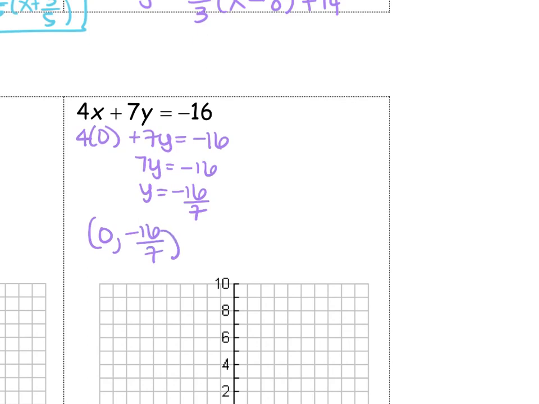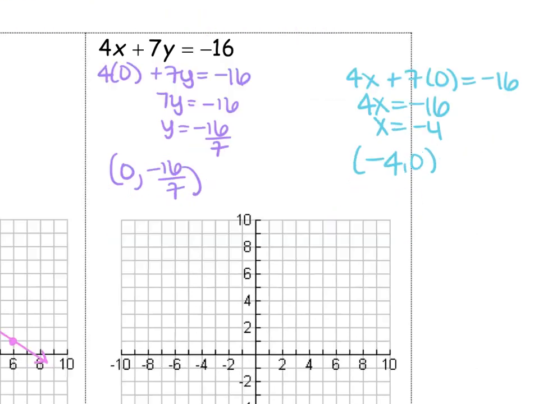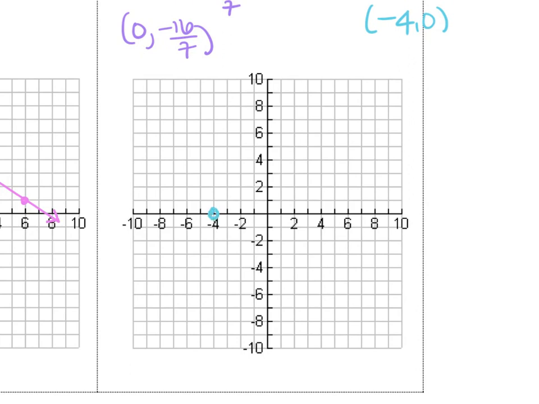And then when we plug in 0 for y, we're going to get the x-intercept. x is equal to -16, divided, x is equal to -4. (-4, 0) is the x-intercept. So we'll plot that. -16 over 7 is almost -2, so (0, -2)-ish. We will plot that and then connect those two.